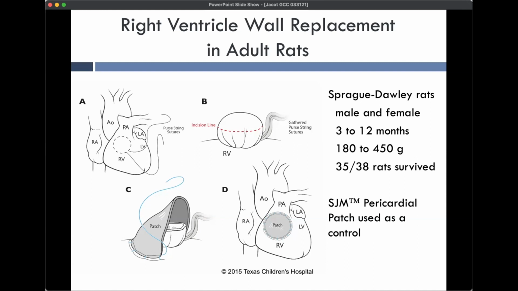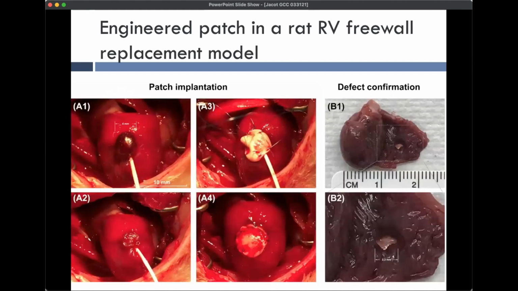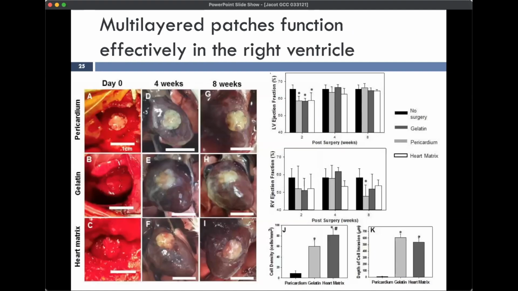And so far, we've put in things that aren't contractile, but really just looking at what the ideal makeup is of a material we put in to get any sort of muscular and vascular ingrowth. And have shown that if we don't put any cells in and do this surgery, we still get cells invading into this.